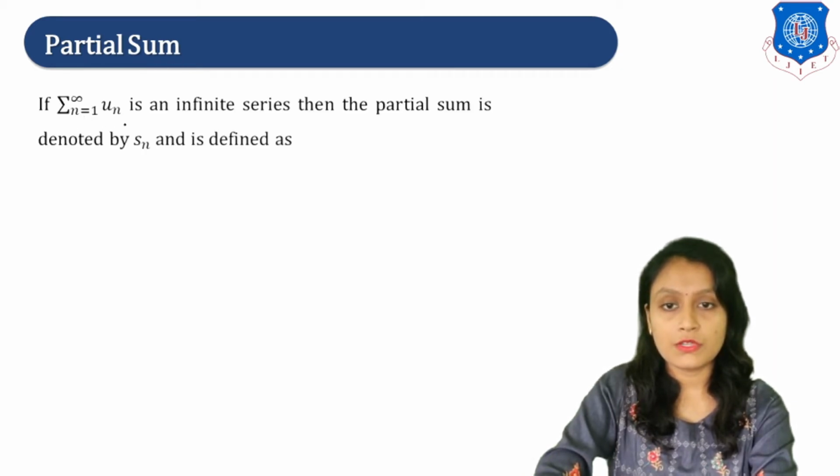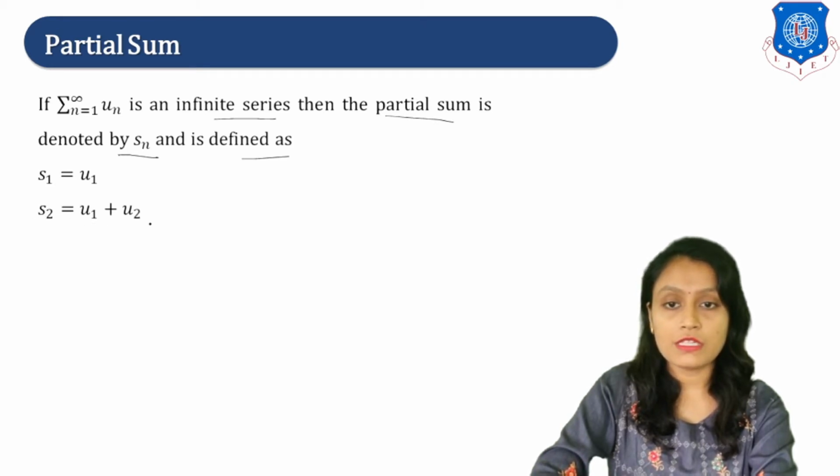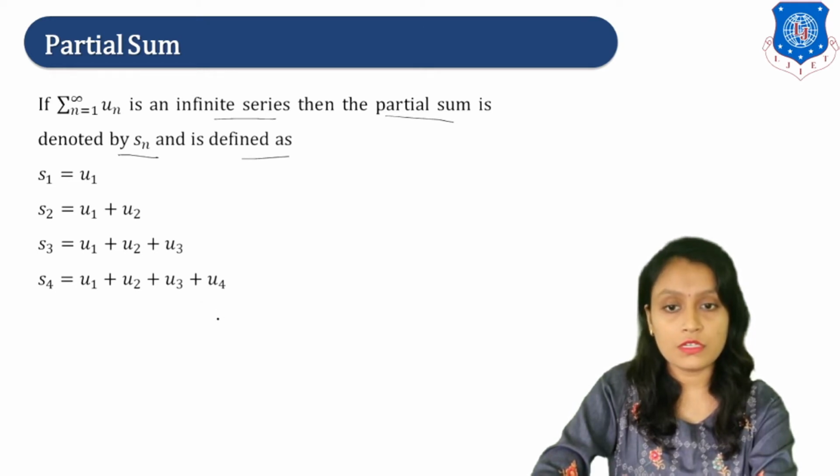If the series un is an infinite series, then the partial sum is denoted by Sn, and it is defined as S1 equals U1, then S2 equals U1 plus U2, the partial sum of the first two terms, then S3, that is U1 plus U2 plus U3, the partial sum of the first three terms, then S4, that is U1 plus U2 plus U3 plus U4, the partial sum of the first four terms.